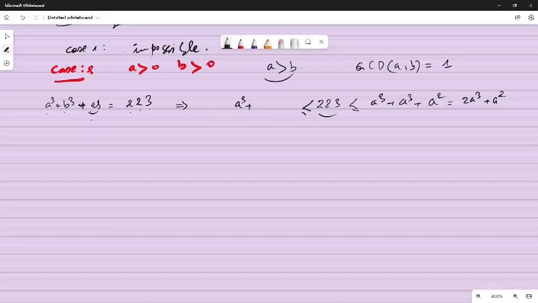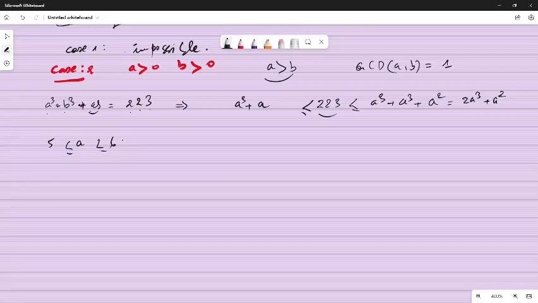It is less than a now, then plus a. So we must have a between 5 and 6.